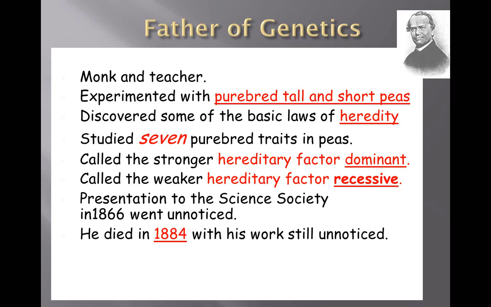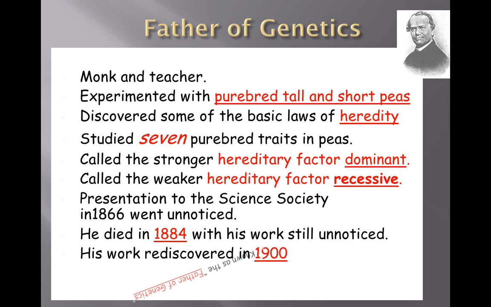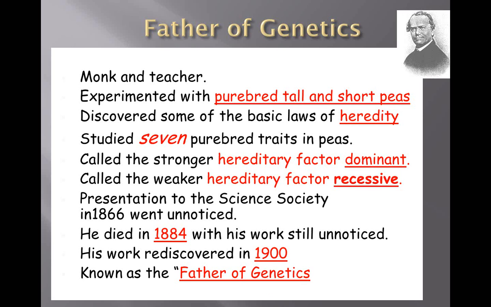My cousin died, and they didn't know what he had done for all of us yet. It was rediscovered after he was already dead, in the early 1900s. So that's why they call my cousin the father of genetics.